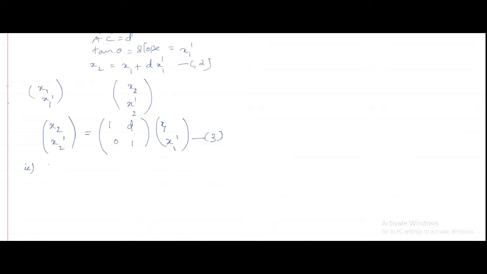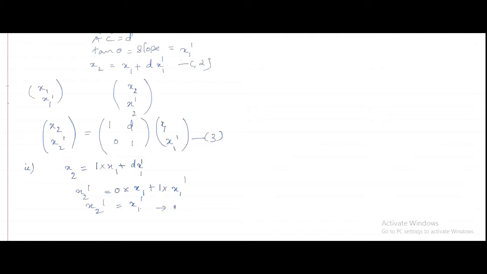By matrix multiplication, we can write x2 equals 1 into x1 plus d into x1 dash. It is the same as equation 2, that is x1 plus d x1 dash. And also we can write x2 dash equals 0 into x1 plus 1 into x1 dash, or x2 dash equals x1 dash, which is the same as equation 1.